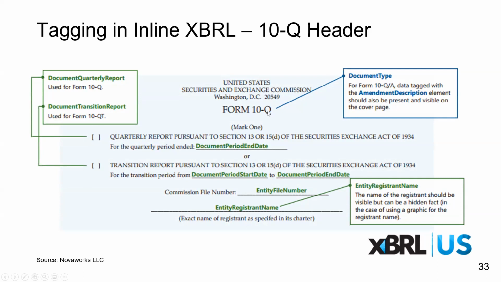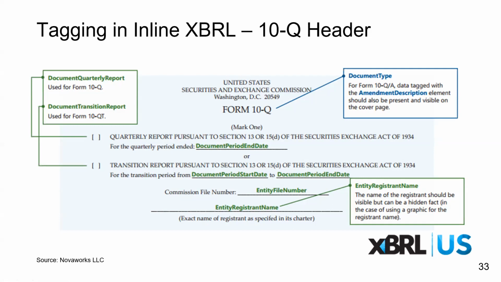You have your document type here, which will just be tagged as a standard inline fact. Document period end date, your period start date, your period end date. These should all be tagged as just inline standard facts. Your registrant name is tagged here, and a little call out here says it can be a hidden fact. So if you have a graphic there, for example, that's fairly common.